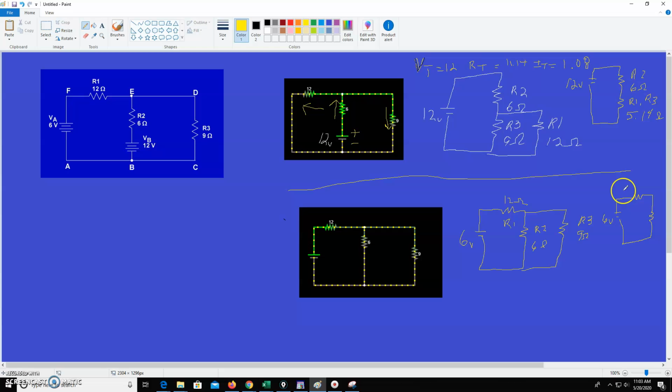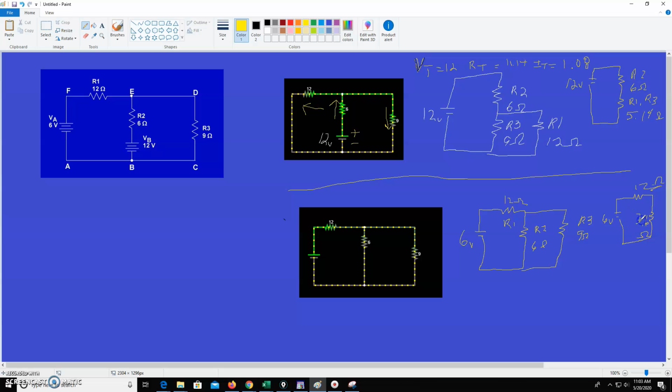So this is still 12 ohms, it's just a giant long 12. So 9 and 6 ohms is 6 times 9 is 54, divided by 15 equals 3.6. So this guy, I'm going to have to write him on the inside. 3.6 ohms right here is the equivalent.